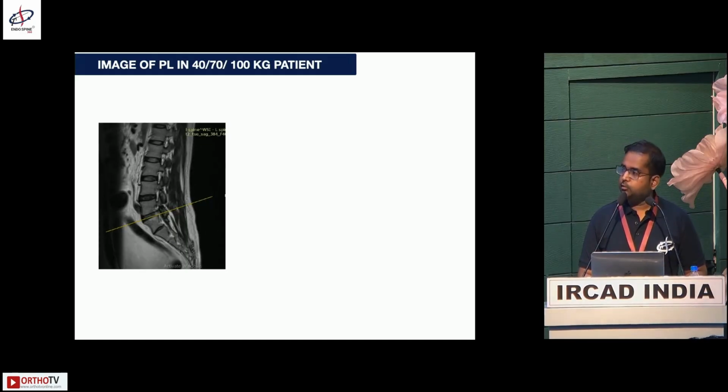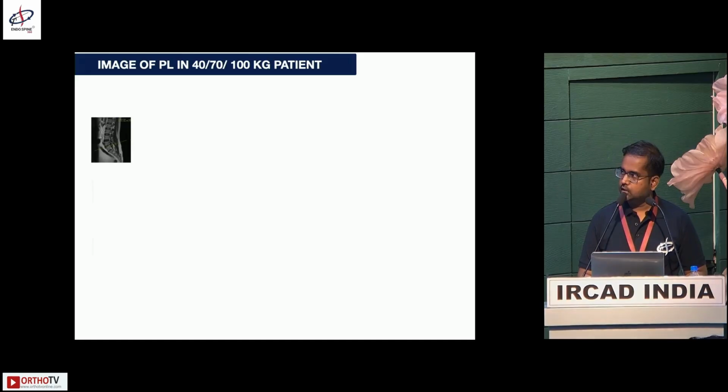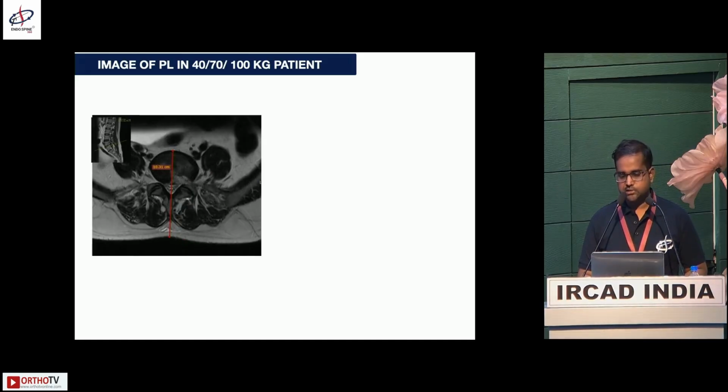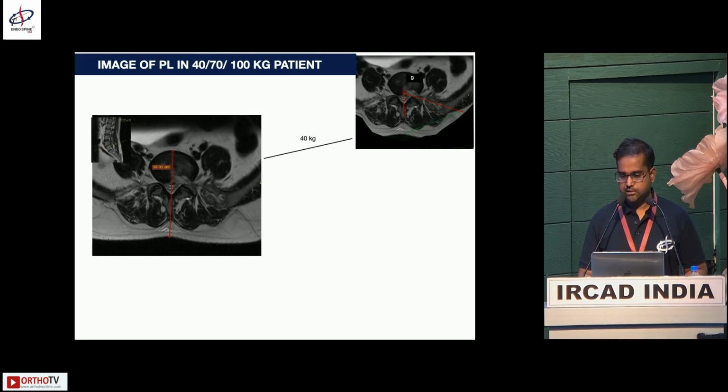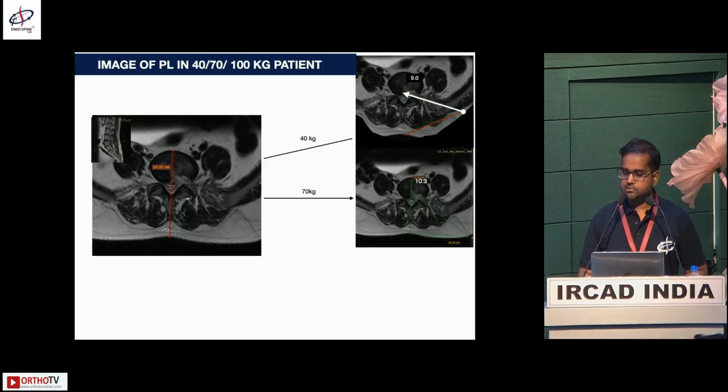So now we try to understand, can we have some entry point which we can use for all the patients? Suppose we consider an example of a patient of 40 kg, 70 kg and 100 kgs, how the PL entry point is changing. Suppose in a 40 kg the PL entry point is 9 centimeters, but if the weight of the patient increases to 70 kgs, the entry point changes to 10.3.